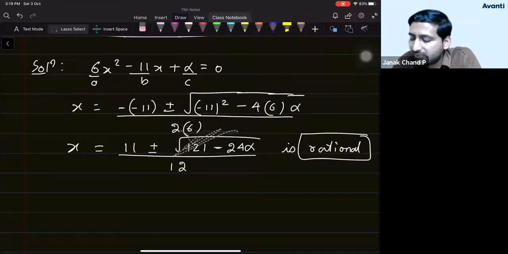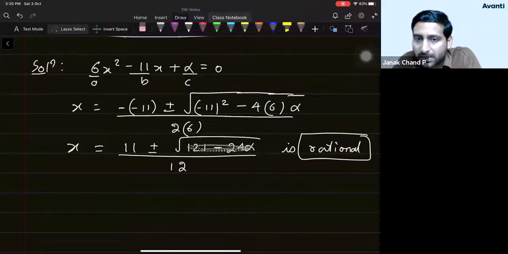That irrational with this rational will not finally be rational. So the only thing we should make sure is that this particular thing is not something like a root. That means whatever is inside this should be a perfect square. Whatever is inside this, if that becomes a perfect square, yes, that is correct, Pranav.